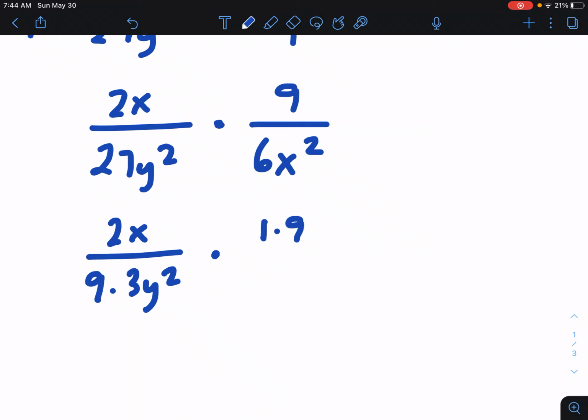A lot of you won't need to do this, but if you forget that there's a 1 there, we can do some goofy things with it. So if you're one of those people that tend to forget that there's a 1 there, go ahead and write the 1 times 9. And then down here, I need to get rid of a 2, so I'm going to write this as 2 times 3. And I'm going to write x times x because I'm going to cancel one of those x's as well.